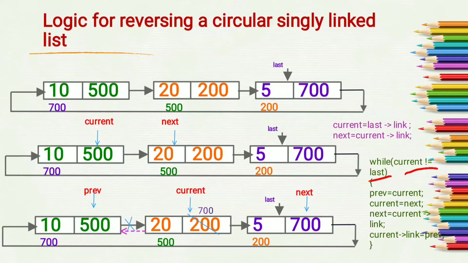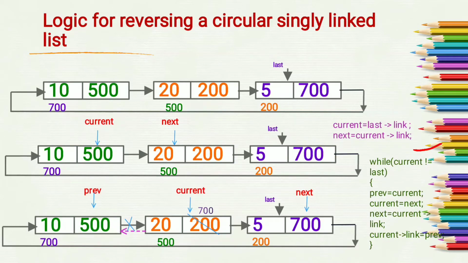That means we change the link part of all the nodes other than the first node by moving current to the next node while current is not equal to last. When the value of current is equal to last, we stop and then change the link part of this node.